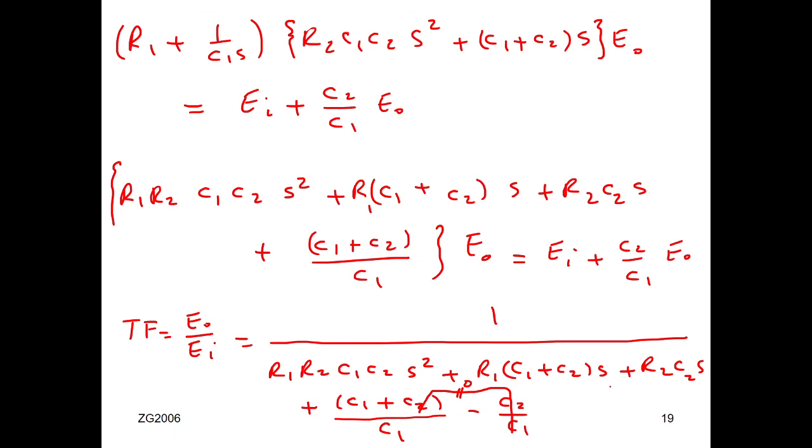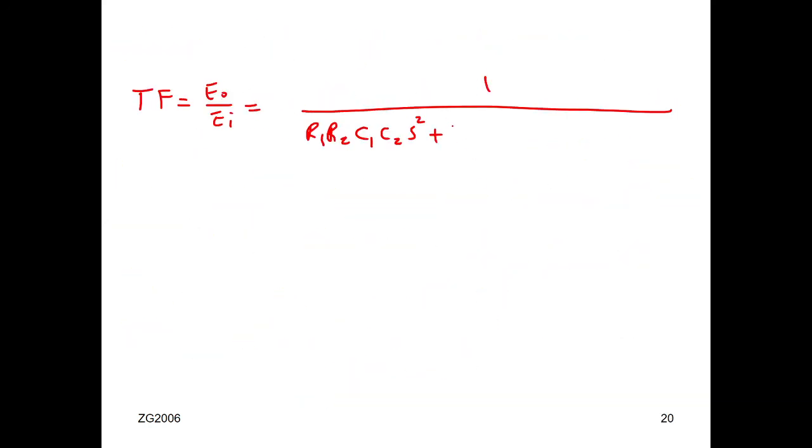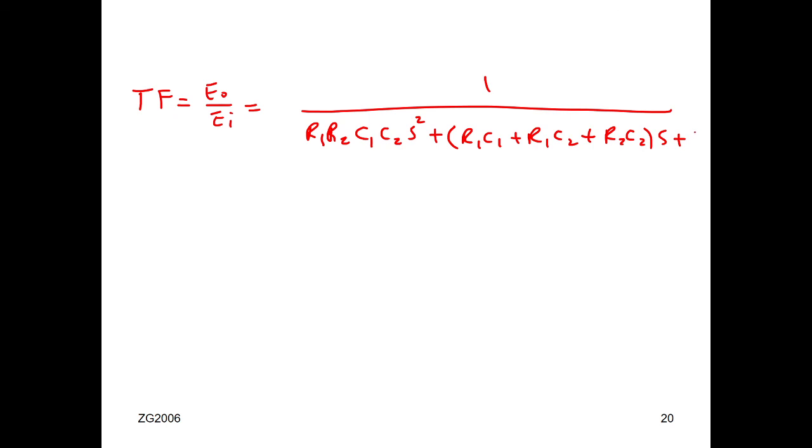Let me collect all the coefficient of S together. We have R1, C1, R1, C2, R2, C2. Okay, these three terms: R1, C1 plus R1, C2 plus the last one, R2, C2, multiply by S plus, what's the last term? C1 over C1, which is 1. And this is my transfer function.